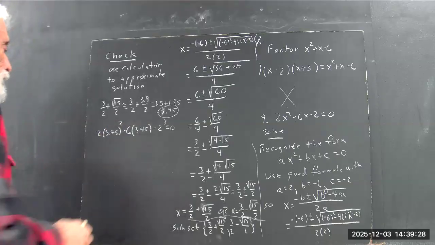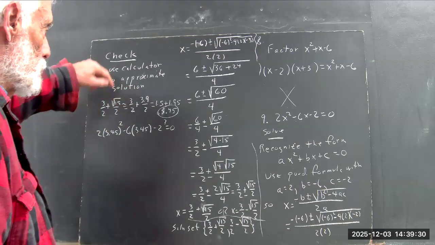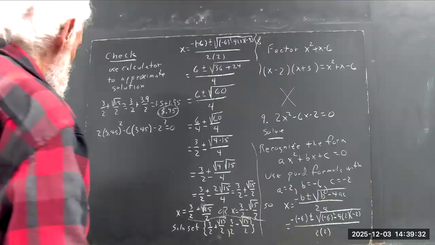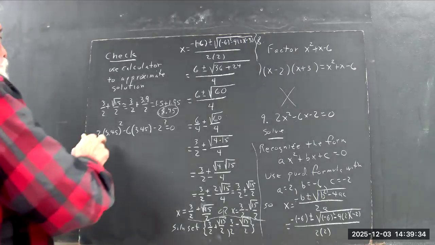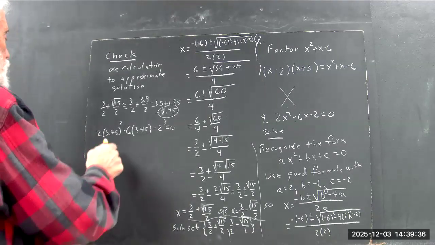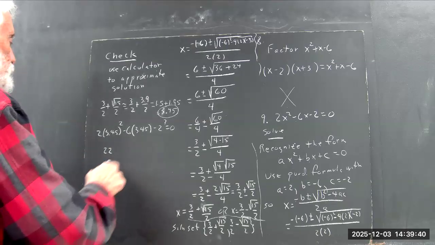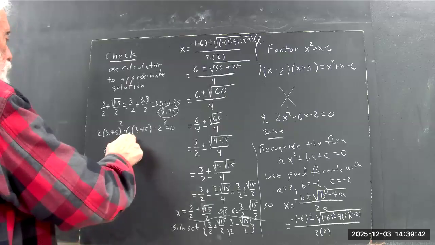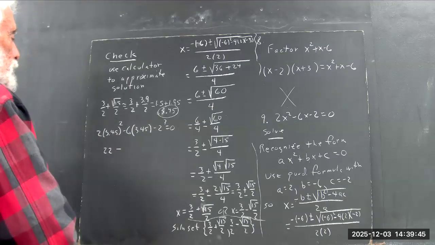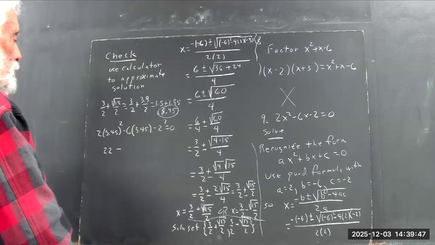Well, it's not going to be exactly 0 because there are a lot more decimal places in the square root of 15 than I've allowed for. If you square 3.45, you get about 11. So this is about 22. 6 times 3 is 18, and half of 6 is 9.